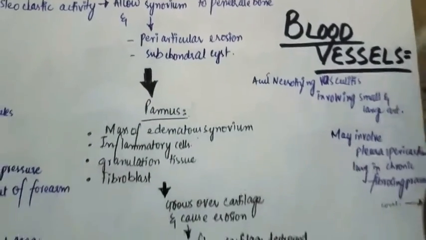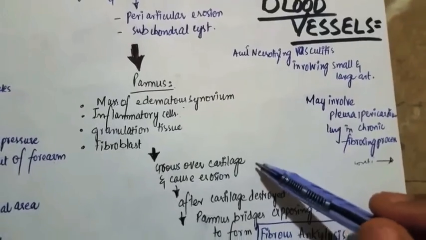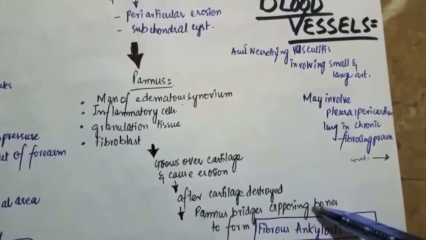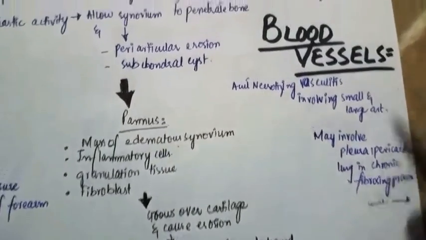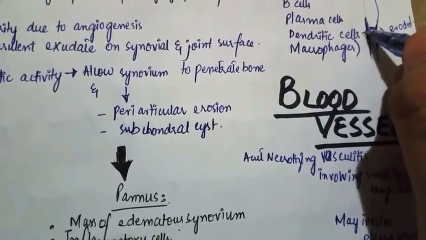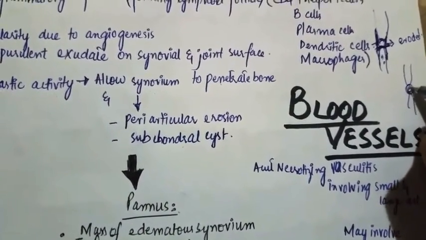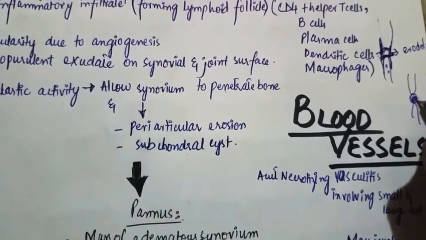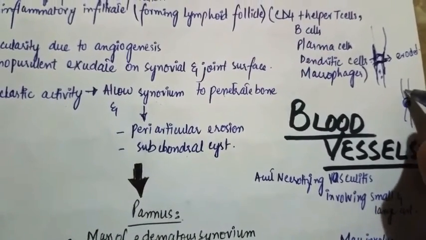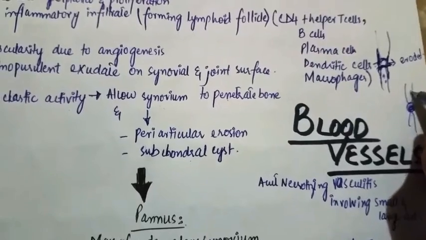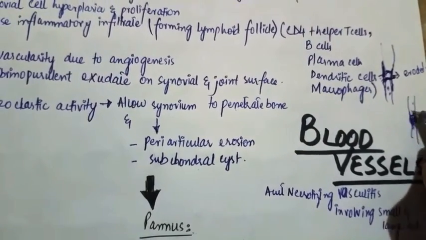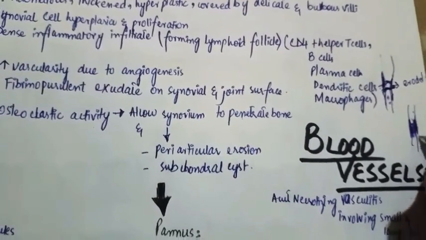and after the destruction of this cartilage, the pannus bridges the opposing bones to form a fibrous ankylosis. When there is damage to this cartilage, and these two bones and the pannus is present between them, this pannus is going to bridge these two opposite bones with the help of fibrous tissue.